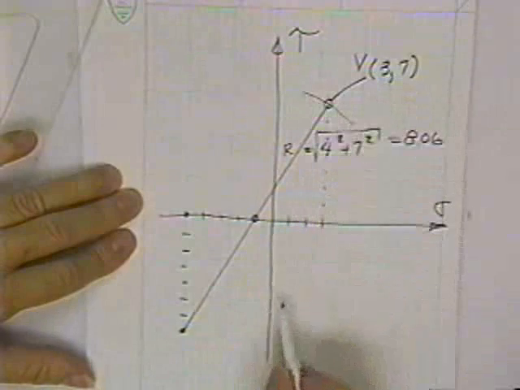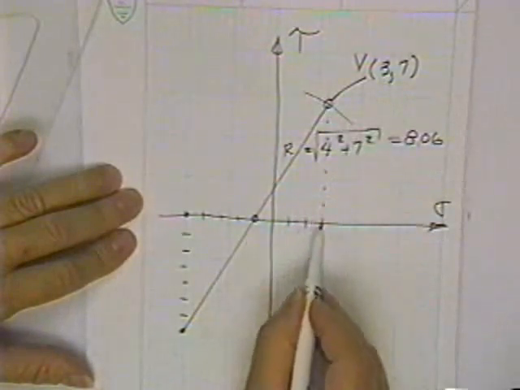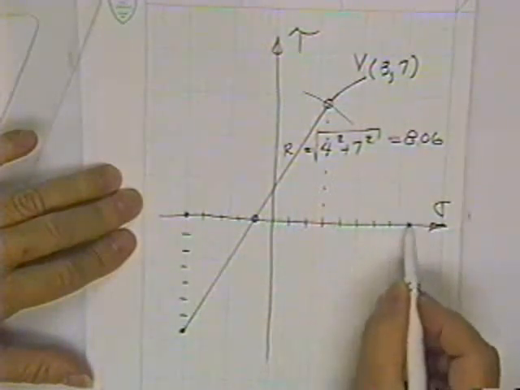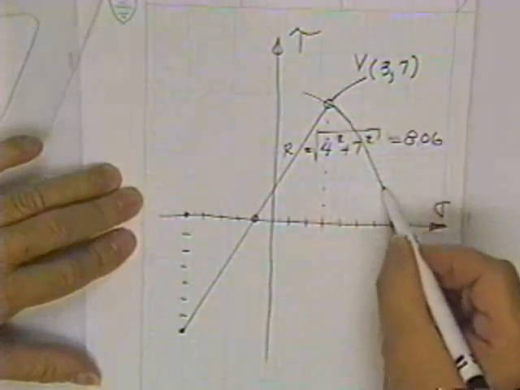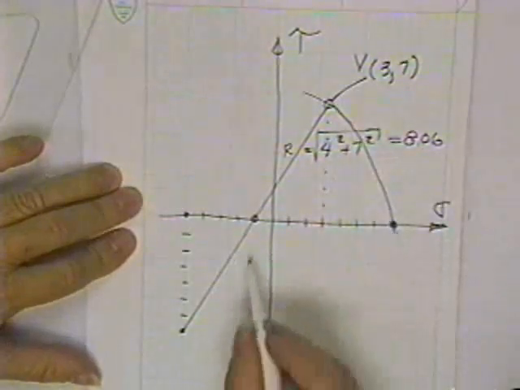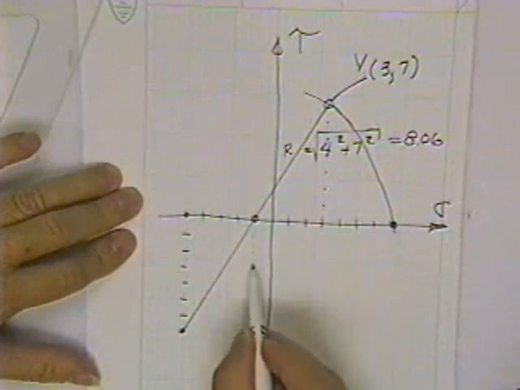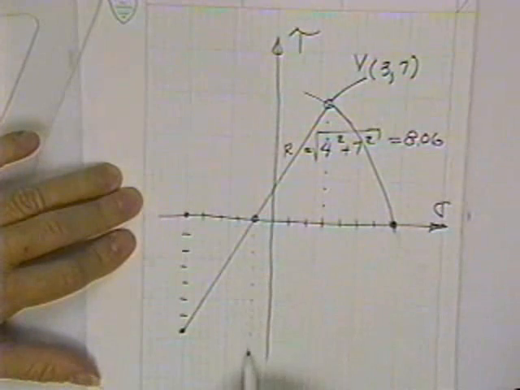Now, I can plot a circle with a radius of 8.06. Here's where it goes. 1, 2, 3, 4, 5, 6, 7, 8, 9. Here's 8.06. This circle goes through that point. I can plot it right below this point, 1, 2, 3, 4, 5, 6, 7, 8.06.